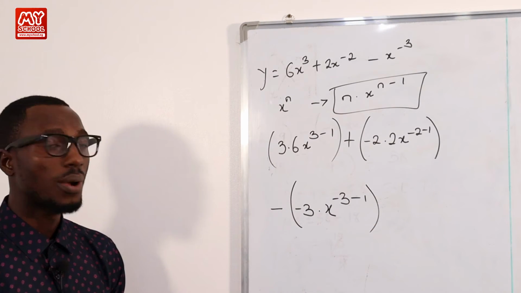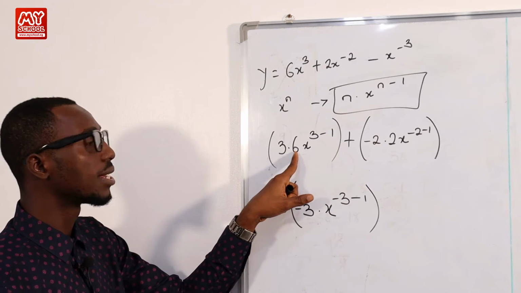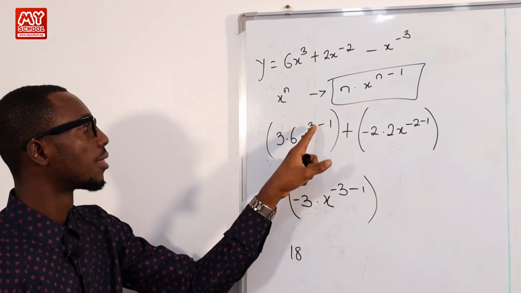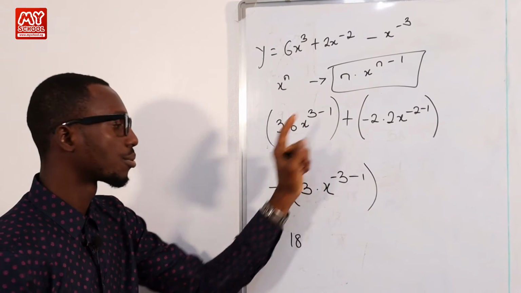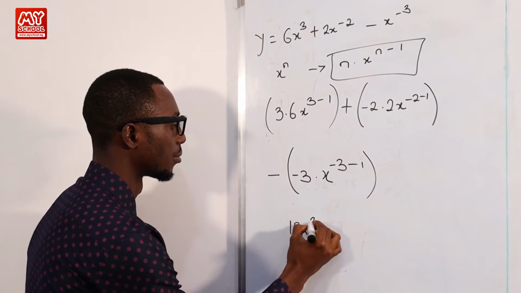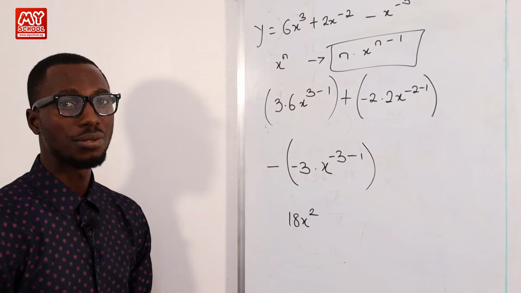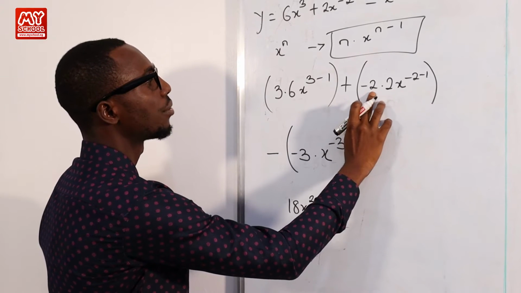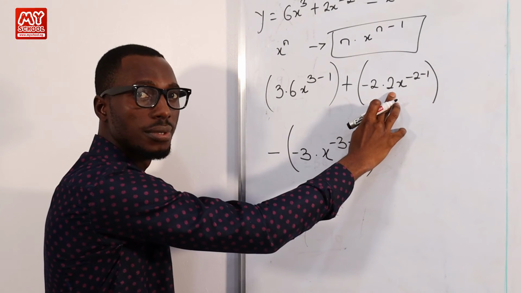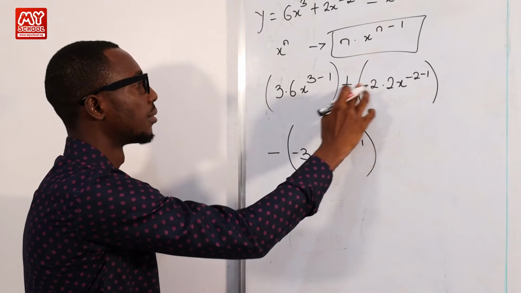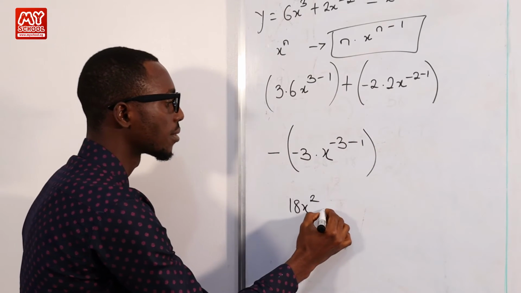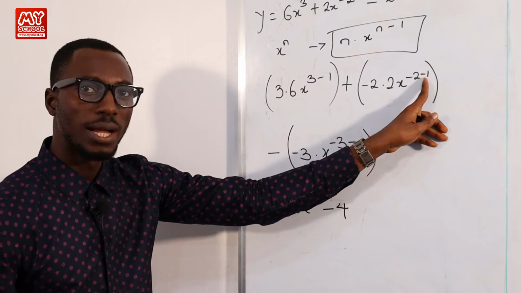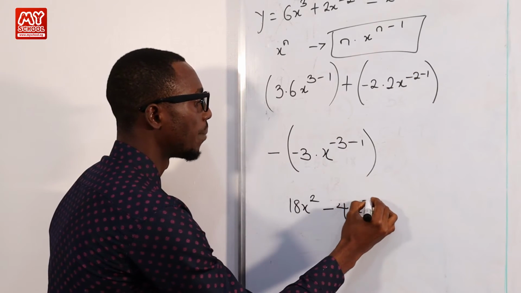So now let's do our expansions. 3 times 6, that's 18. 3 minus 1, that's 2. That's 18x raised to the power 2. Then we have minus 2 times 2, that's minus 4, times the positive sign, that gives us minus 4. Minus 2 minus 1, we have minus 3.